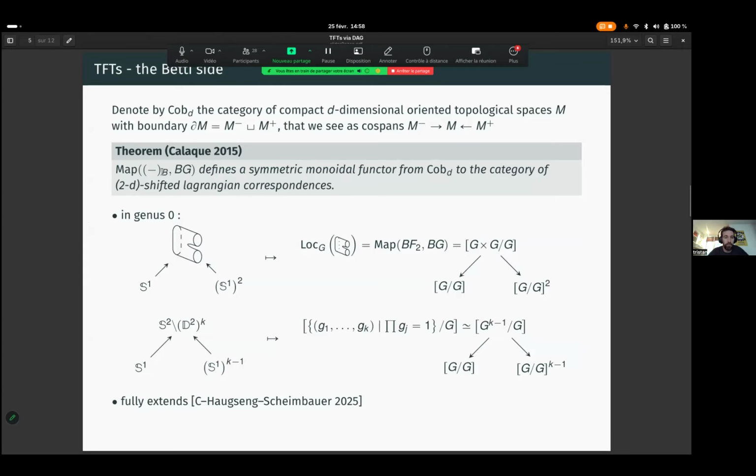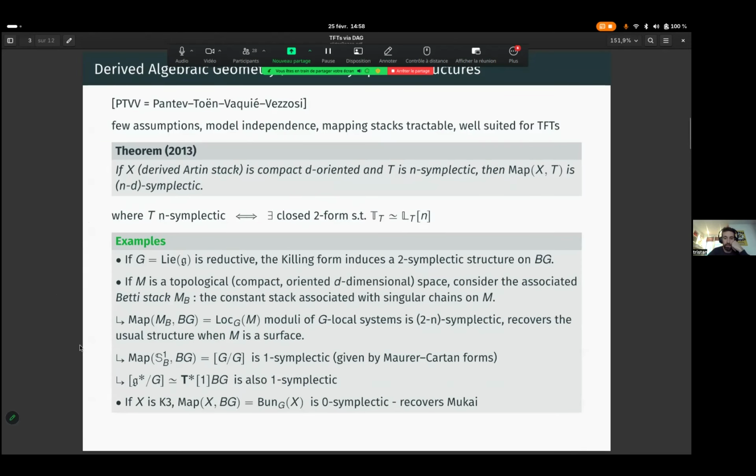There are several steps here. Actually proving that it extends in all dimensions, it really depends what your purpose is. G can be any kind of, say, reductive algebraic group or complex Lie group. Okay, you want BG to be symplectic, so you need the scaling form. So that's a constraint here. But you can do, I guess that's what John Simons describes. Of course, the target can be any symplectic stuff.